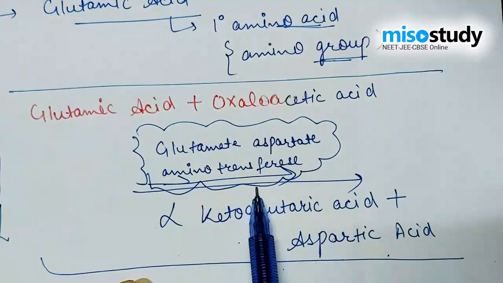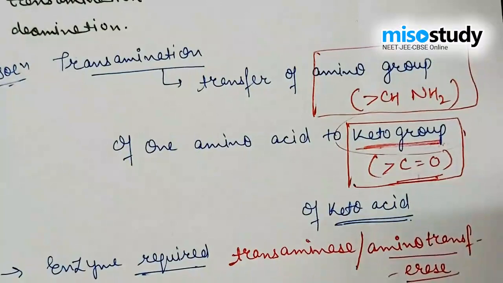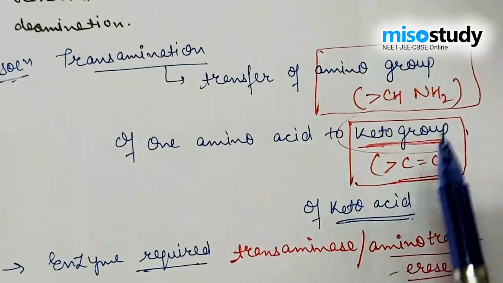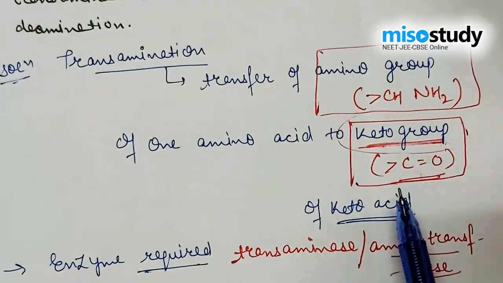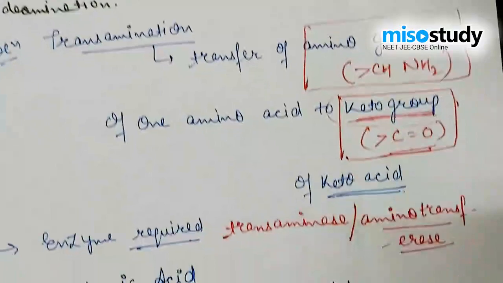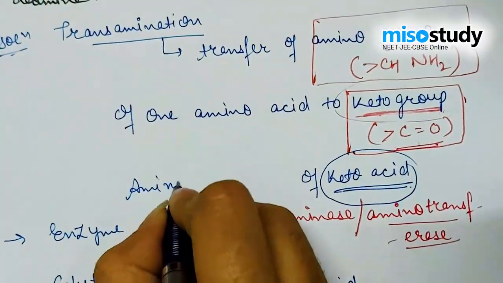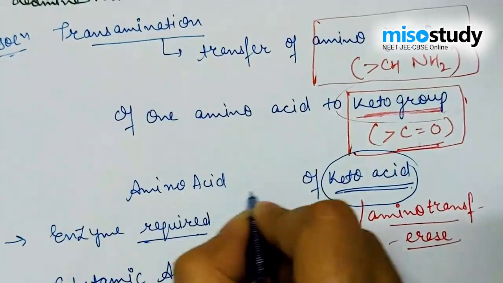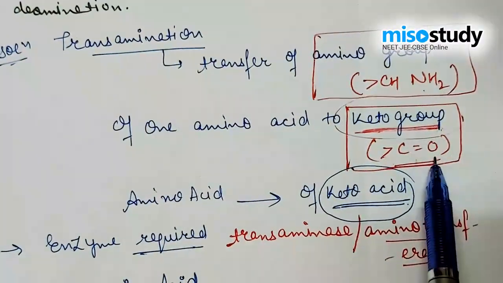Why do we name it aminotransferase? Because in this the amino group is transferred from an amino acid to the keto group of a keto acid.